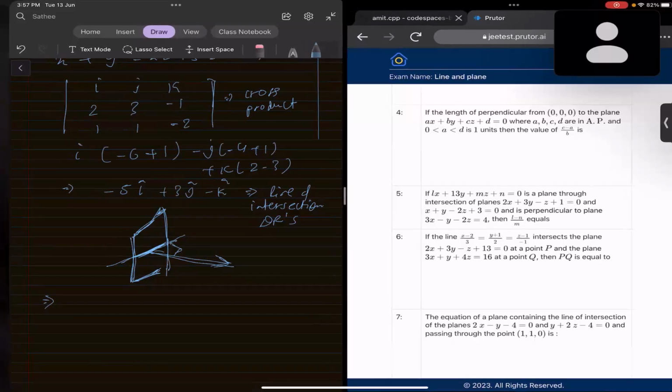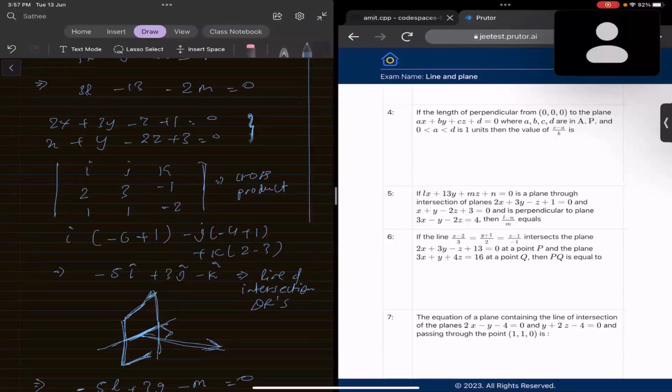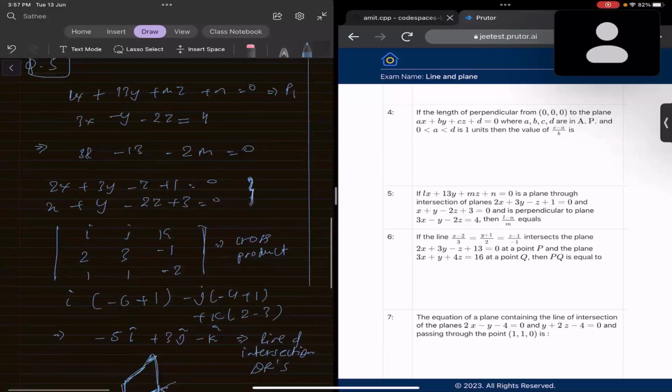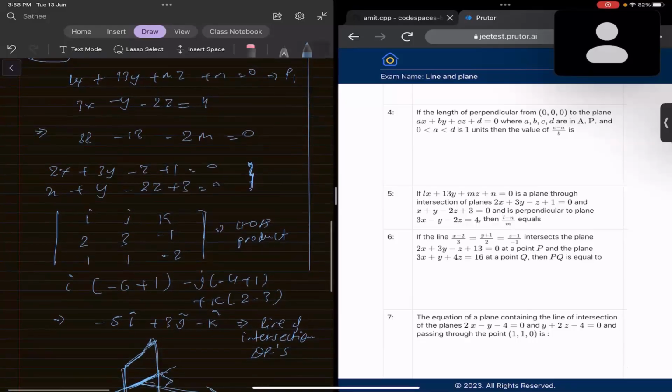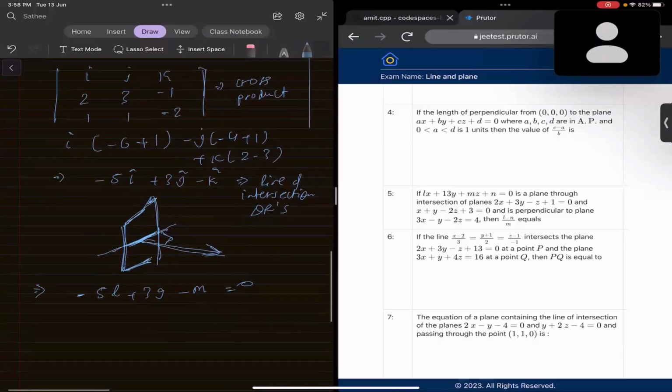So you can say that minus 5l plus 39 minus m is equal to 0. And we have already obtained one expression above, this first equation, 3l minus 13 minus 2m.